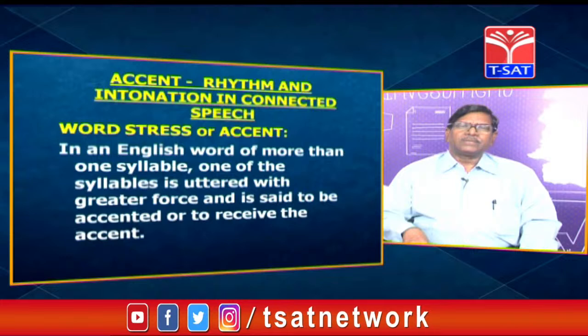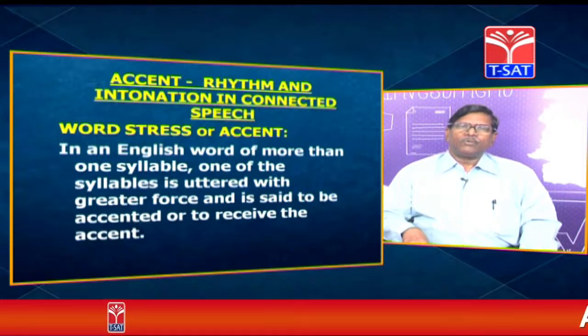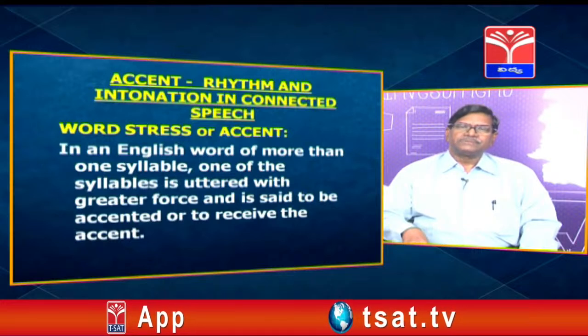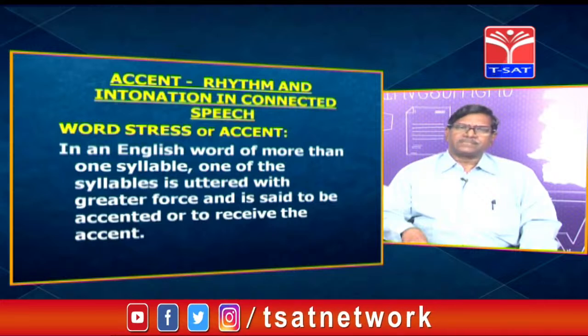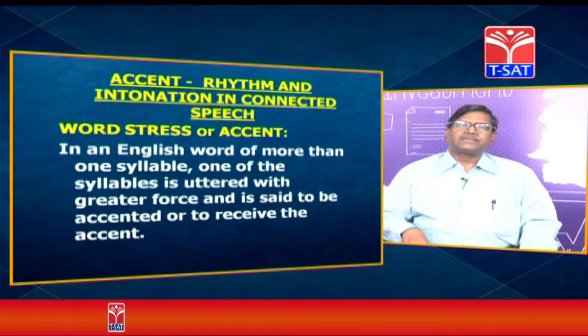In an English word which contains more than one syllable, one of the syllables is uttered with greater force and is said to be accented or to receive the accent. And the accented or stressed syllable is a syllable that gets a prominence and it is uttered with a greater force.